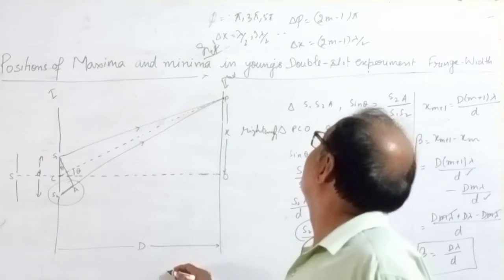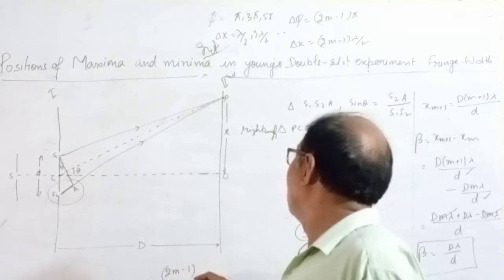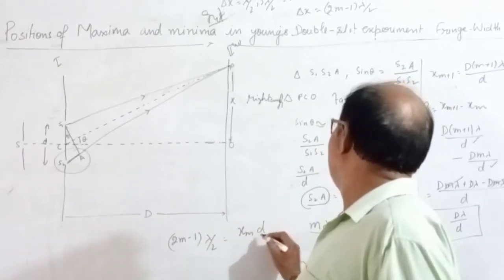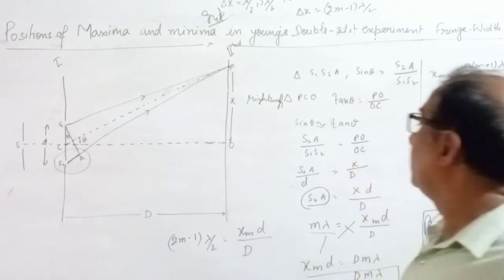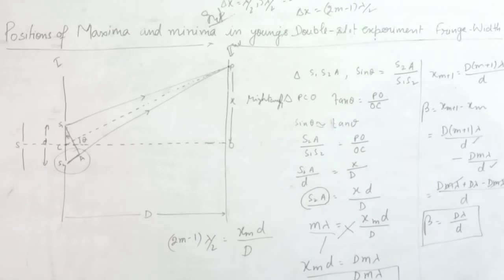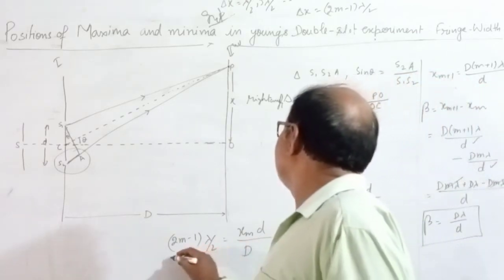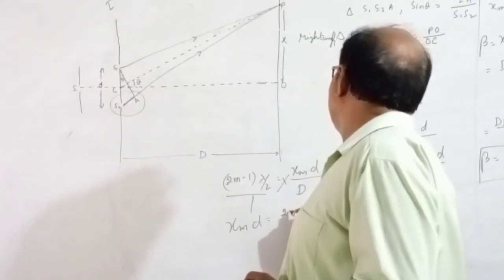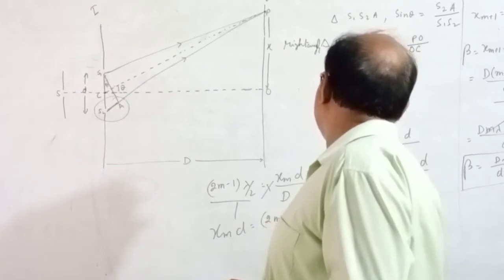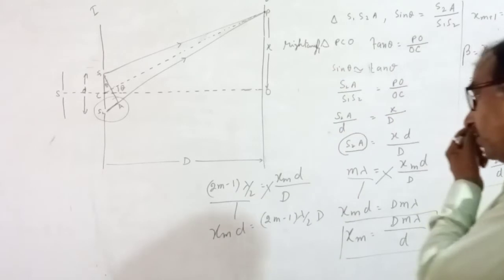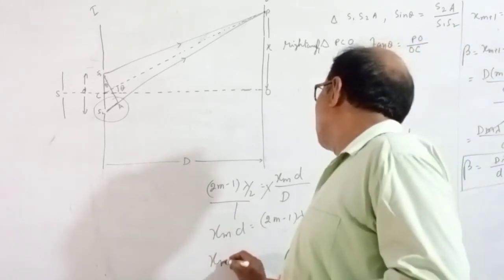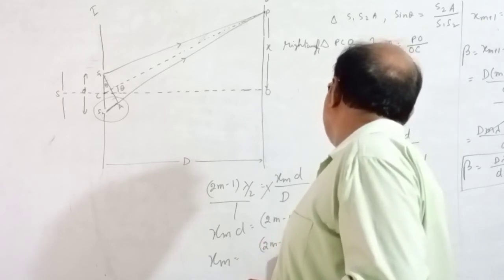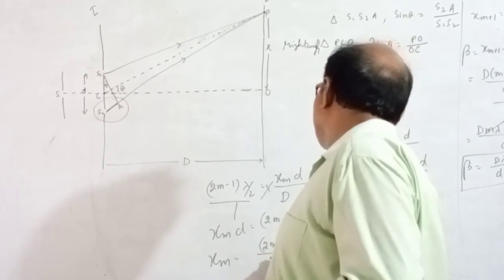For dark fringes, (2m minus 1) lambda by 2 equals xm d upon capital D. So xm d equals (2m minus 1) lambda by 2 into capital D, so xm equals (2m minus 1) lambda D by 2d.